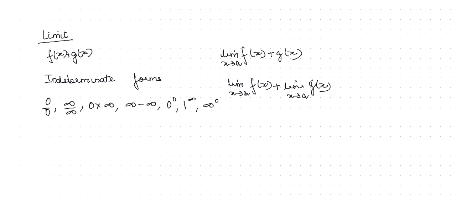This is one of the limit laws we'll use here. So we end up getting the limit as x tends to infinity of the nth root of x cubed plus 7 over 4x cubed plus 5.